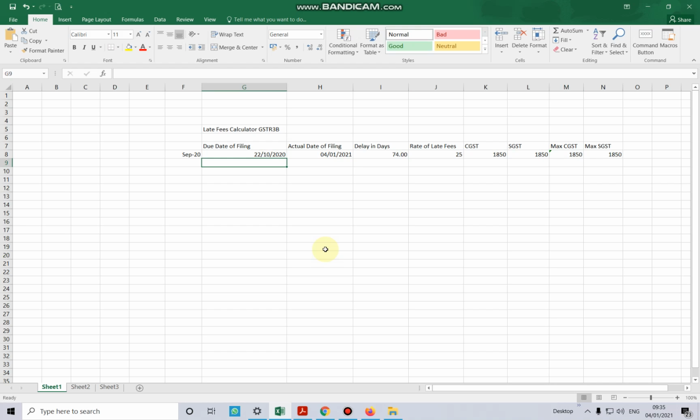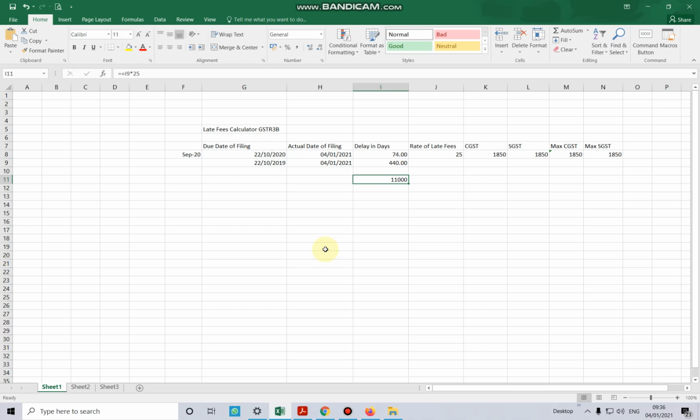Suppose for a particular month 22/10/2019 was the due date, and if you are filing it today and the overall delay is 440 days, and suppose the late fees is 25 per day and 25 per day, if we calculate like that it becomes 11,000 rupees.